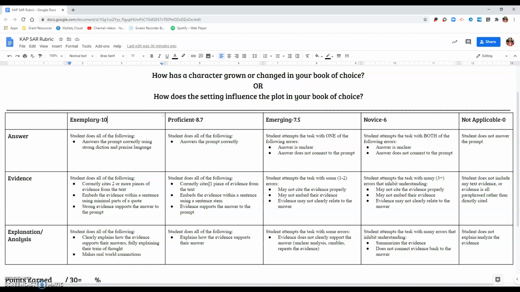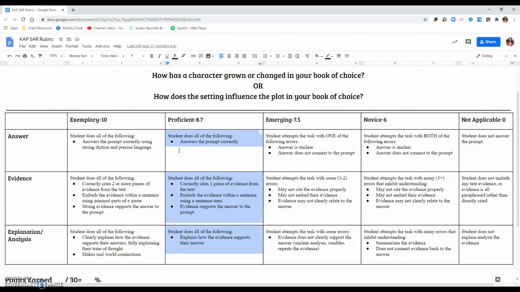The evidence supports the answer to the prompt. So I'm making sure I'm using evidence that actually supports my answer. And then finally, in the explanation and analysis, I'm going to look at this. I have explained how the evidence supports the answer. Okay? So if I do all of these, I have received proficient grading. That means I can get an 87 on this short answer response.